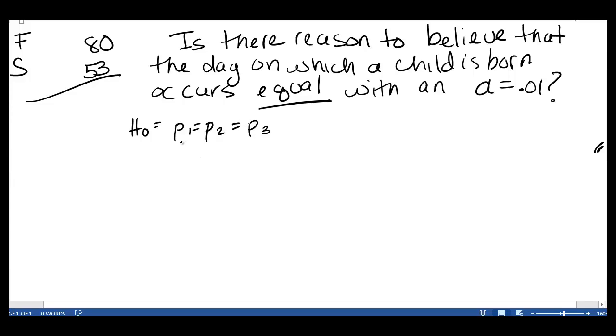Of course, day 1 being Sunday, Monday, Tuesday, Wednesday, Thursday, Friday, Saturday. But they all have the same probability, and that would be 1/7 because there's 7 days in a week. Our alternative hypothesis would be that at least one of the proportions is different from the others.